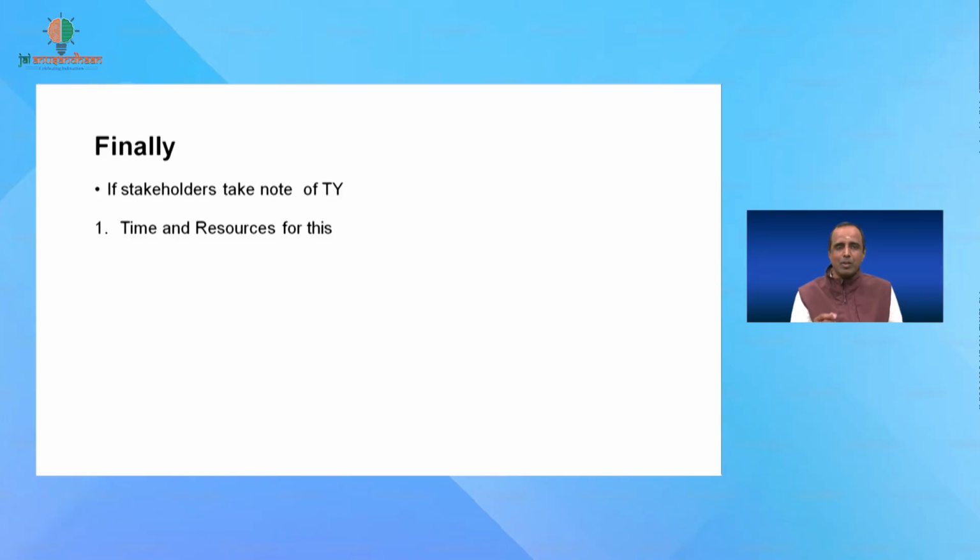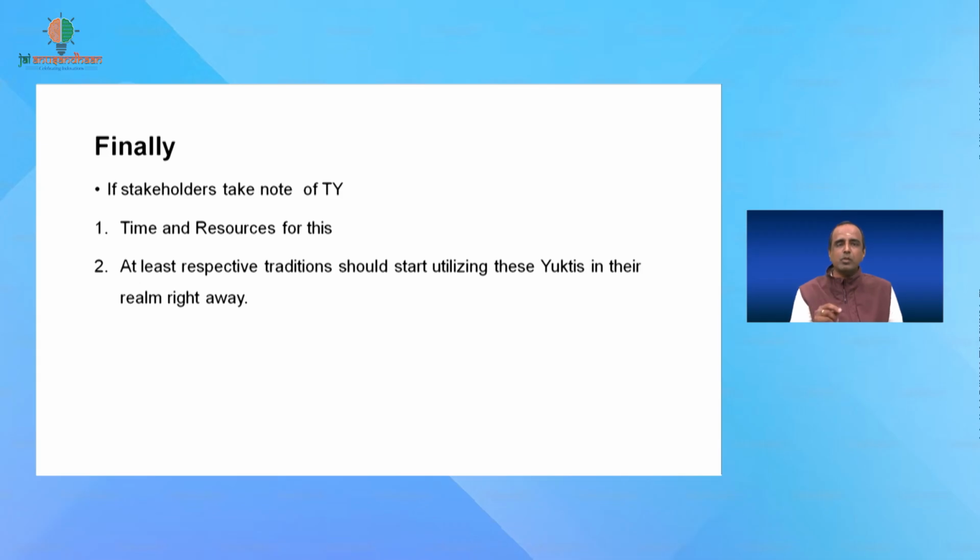So hence, it is high time that the stakeholders act. Who are the stakeholders? Whoever is interested, whoever is focused on Indian knowledge systems is a stakeholder, and they should be aware of the potentials and value of Tantra Yuktis, and then time and resources for this have to be allocated.